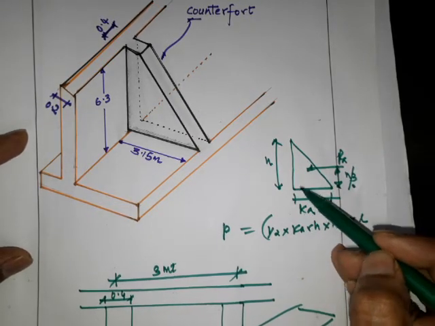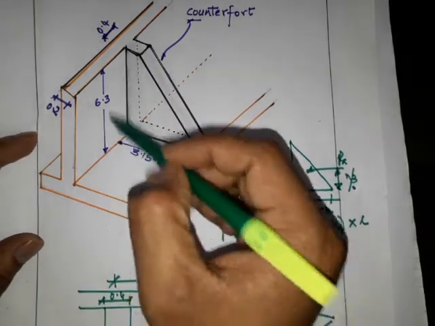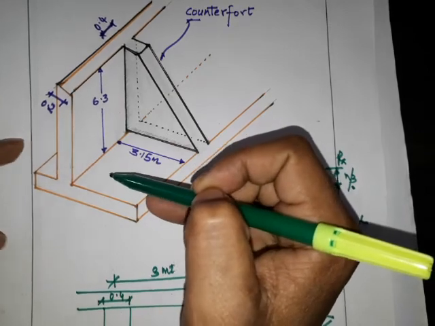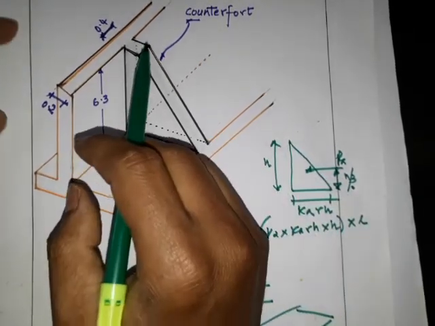So if you provide full bars throughout the height, that is for a 6.3 meter height, the section will be uneconomic.